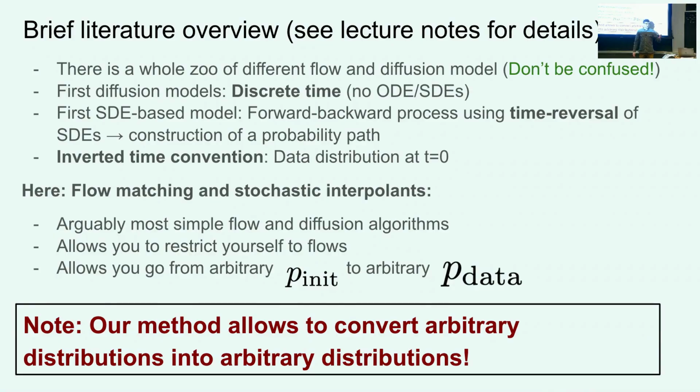That's also why we made this choice, because stochastic differential equations are a bit hard. Ordinary differential equations are easy. And flow matching allows you to never even think about stochastic differential equations. I would make the claim that they're arguably the most simple, the closest to what's actually happening, although that's my subjective statement, not something objectively true. But what's definitely true is they're the most general ones.